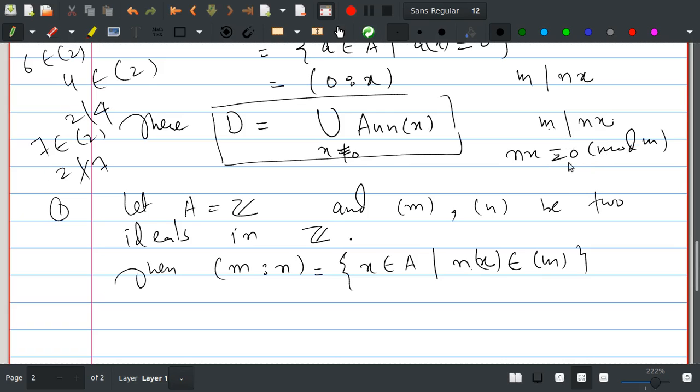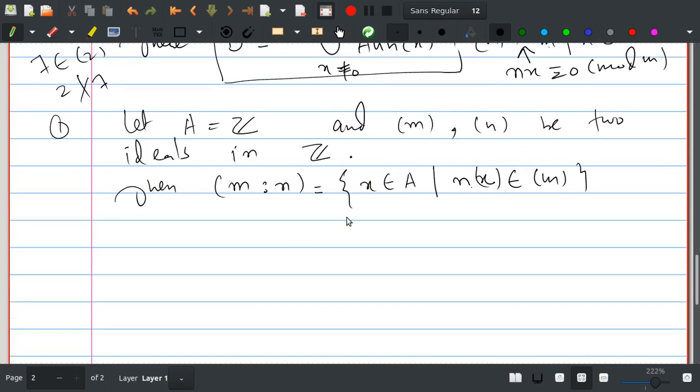The smallest positive integral solution of this equation is when x is M divided by GCD of M and N. Because if we write M divided by GCD of M and N, then M certainly divides this number here.